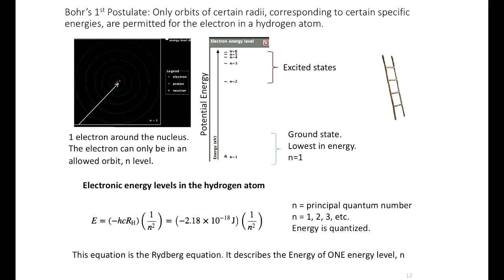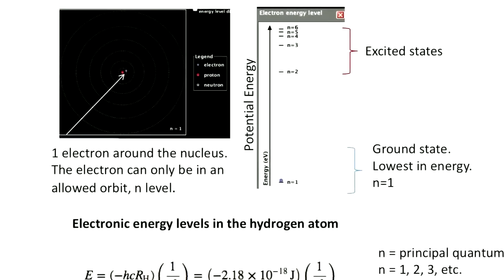You can think of these energy levels like rungs on a ladder. I can have an electron here, or here, or here, but if I put an electron up here, is that electron stable up there? Is it going to stay there? No, it's going to fall back down until it gets to an energy level. So our electrons can only live in certain energy levels for that atom to be stable.